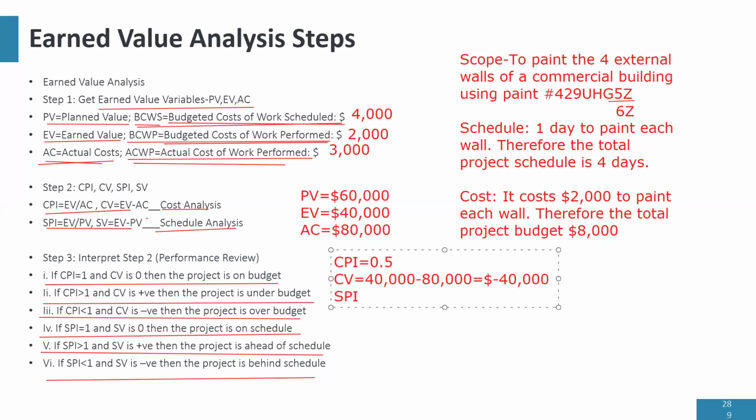SPI is EV over PV, which is 40,000 over 60,000, which gives me 0.67. And SV is 40,000 minus 60,000, which gives me minus $20,000.